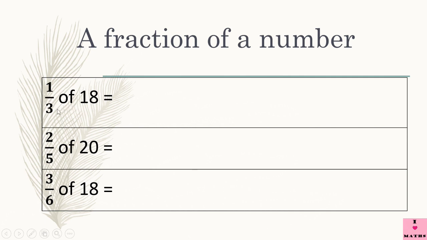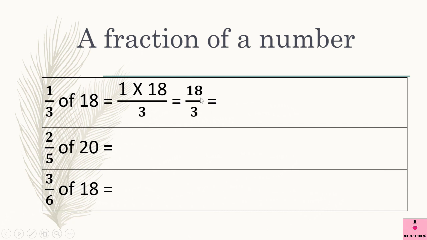So 1 upon 3 multiplied by 18 is equal to 1 into 18 upon 3, which is equal to 1 eighteens are 18 upon 3, which is equal to 18 divided by 3, and the quotient will give us 6. So 1/3 of 18 is 6.